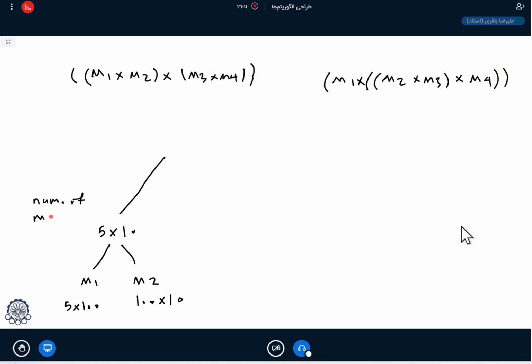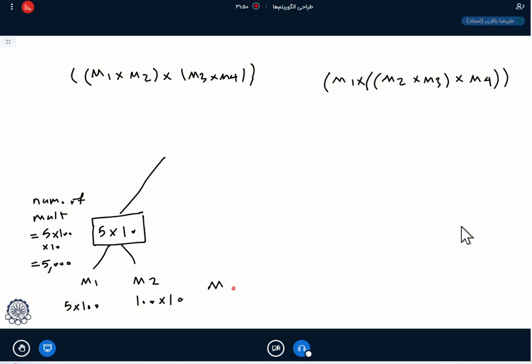The number of multiplications will be 5 multiplied by 100 multiplied by 10, which is equal to 5,000. 5,000 multiplications are done when we multiply m1 by m2. The result is a matrix which has 5 rows and 10 columns.